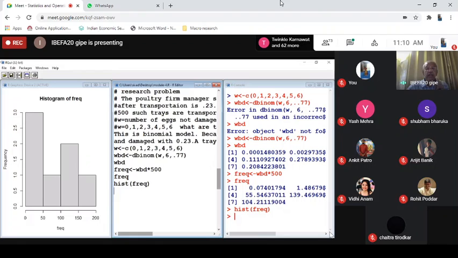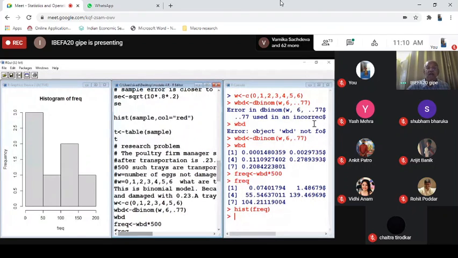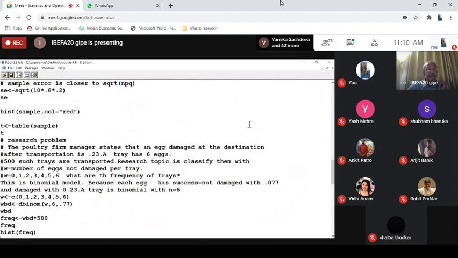You can note down in the notebook if you wish. One tray has 6 eggs. Each egg damaged with probability 0.23, not damaged 0.77. So not damaged is P 0.77, 1 minus P is 0.23.